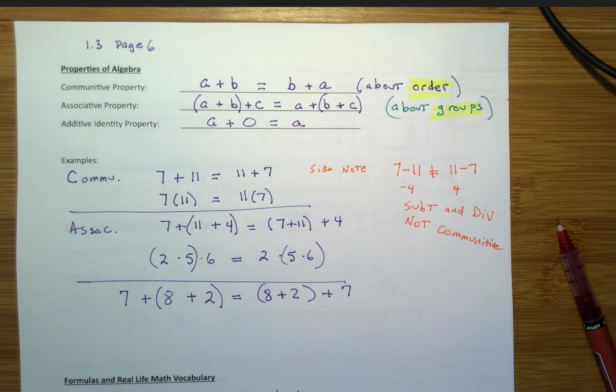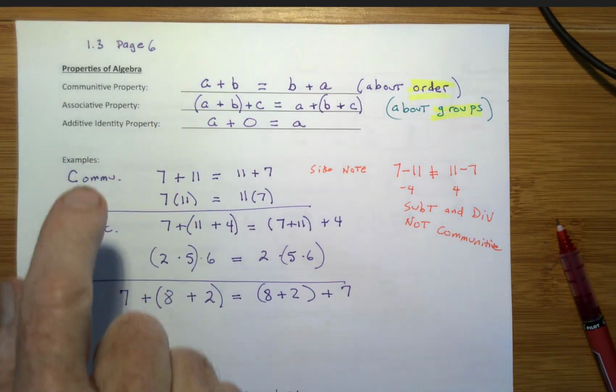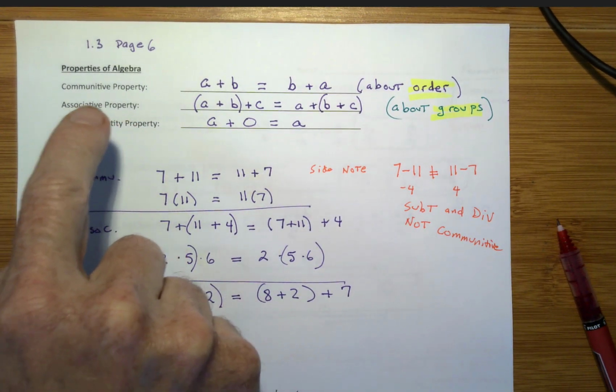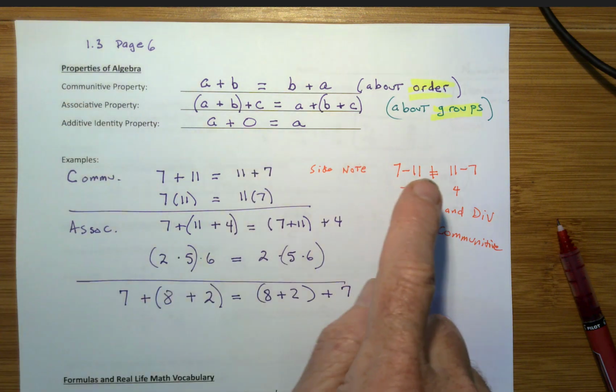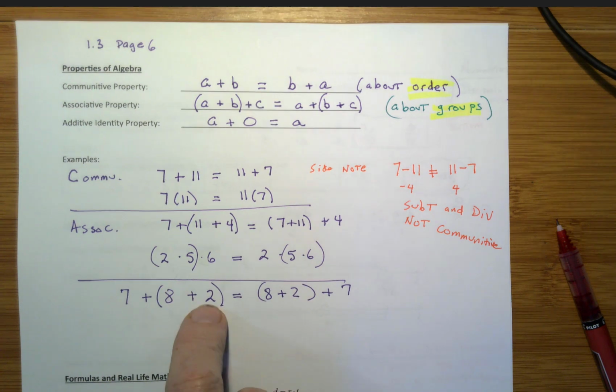Now, if we were in class, we'd have a discussion about this, but we're not here. So what changed? It has parentheses, right? If it has parentheses, it's the associative law? No. The associative law is not about parentheses. It's about changing groups. 8 plus 2 is a group.